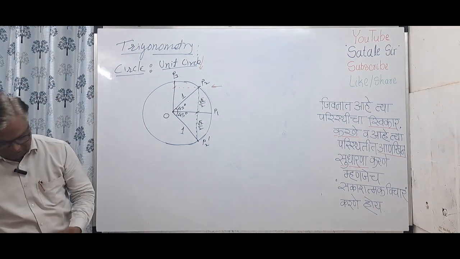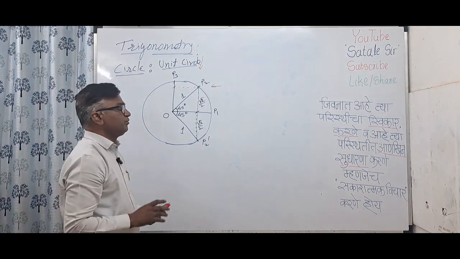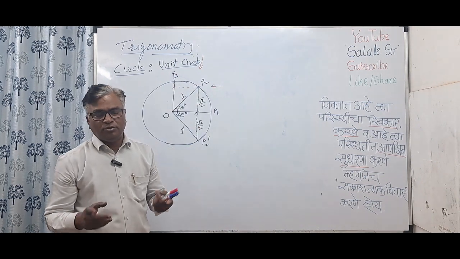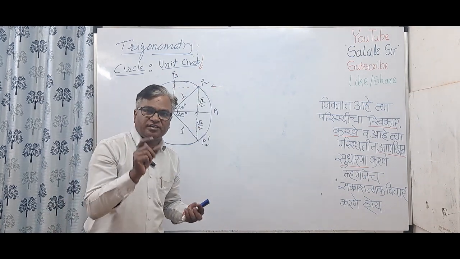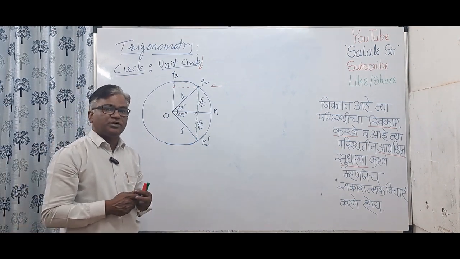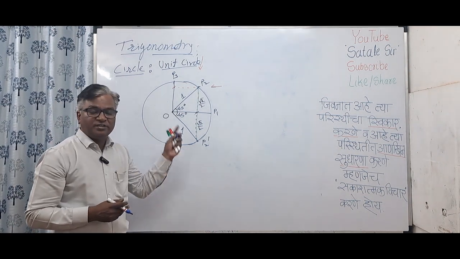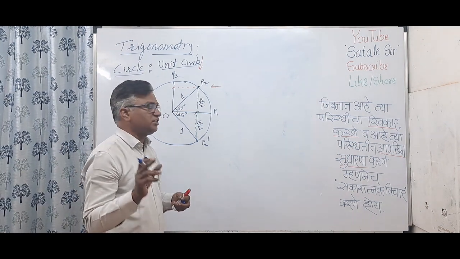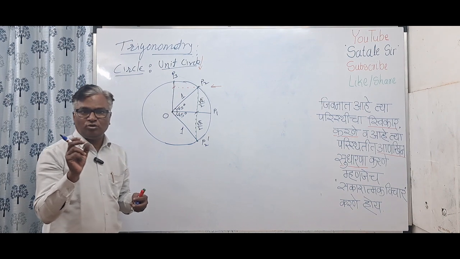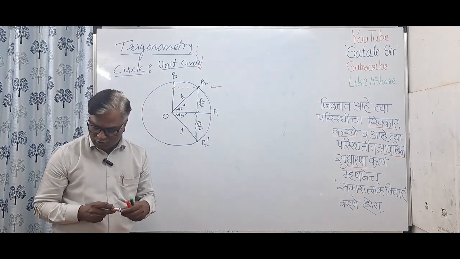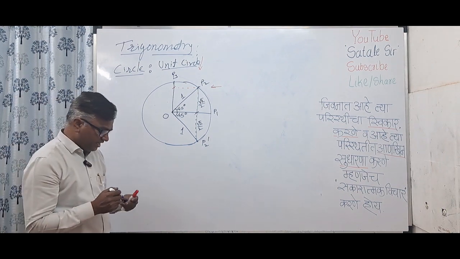We will just go see how to remember these values. Okay, how to remember sine of 45, how to remember sine of 60. There are some standard angles for which we are going to remember. We need to remember the values of sine, cosine, and there is one more trigonometric function that is called tangent, which is the ratio of sine and cos. Okay, so these we need to understand, and it is very easy actually.